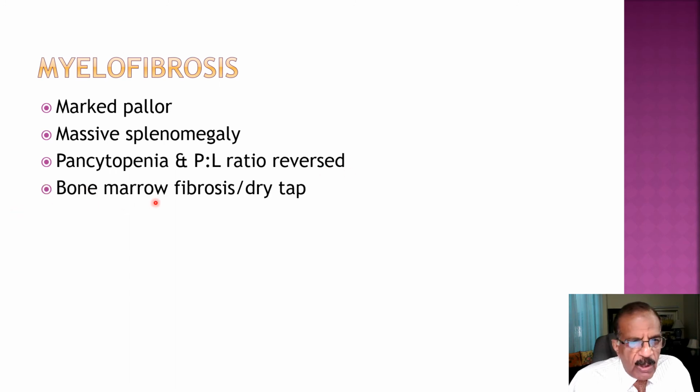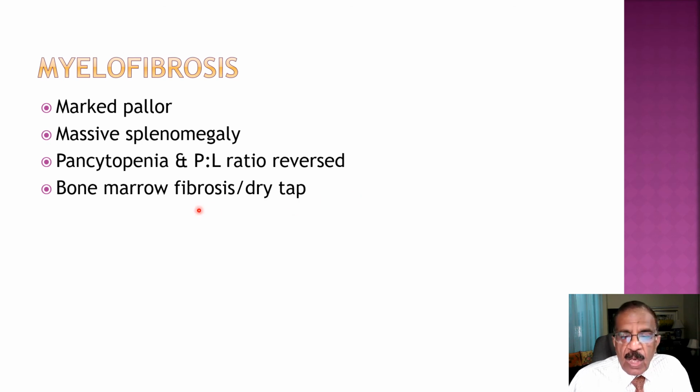Then on bone marrow examination, there is fibrosis. If you do bone marrow aspiration biopsy, you may not get the bone marrow tissue, and that is described as dry tap. The commonest reason of getting a dry tap may be a faulty technique and you were not actually in the bone marrow.